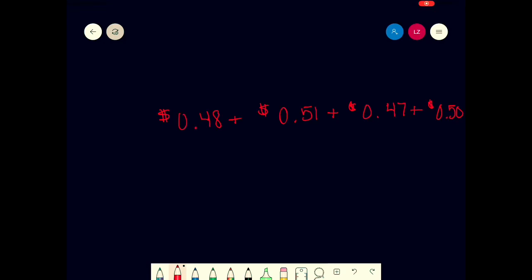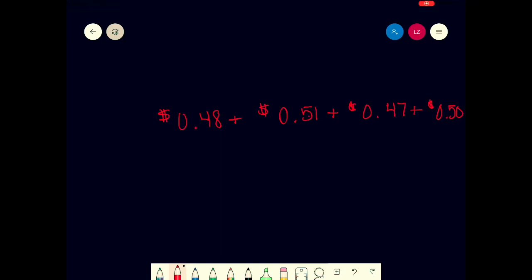Okay, look at those dollar amounts or cents amounts really. And they're all kind of clustered around one number that we can use and multiply it by 4 to get a good estimate. If you look at them all, they're all kind of about 50 cents, right? 48 cents, 51, 47, 50. If we had to pick a number, they're all close to 50 cents.